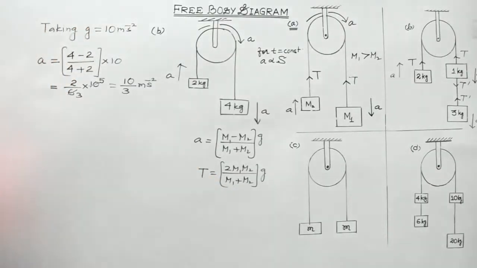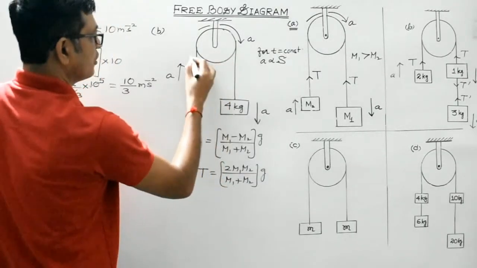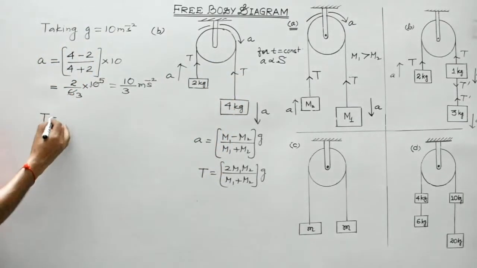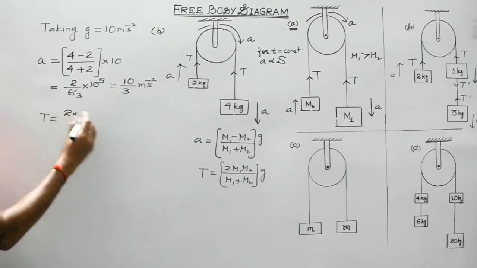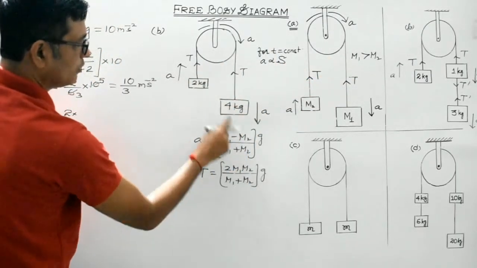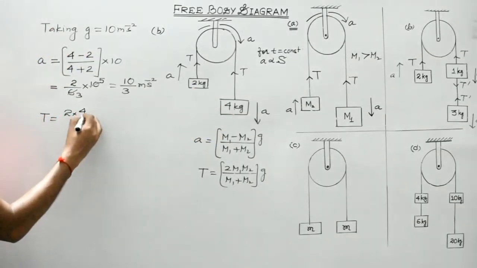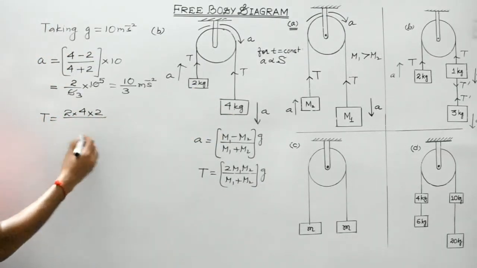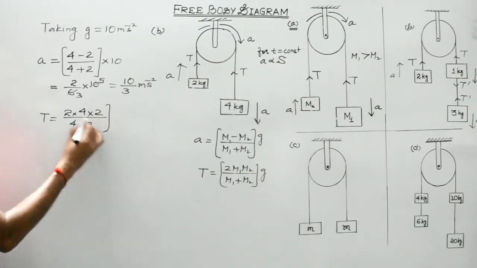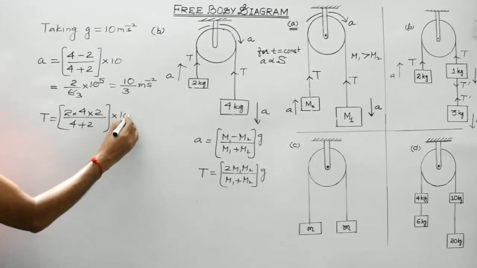Let's find out the tension, this T. So it will be equal to twice M1 M2. That diagram has been reduced to these two, right? 4 into 2 divided by M1 plus M2, that is 4 plus 2, into g. g is considered to be 10.